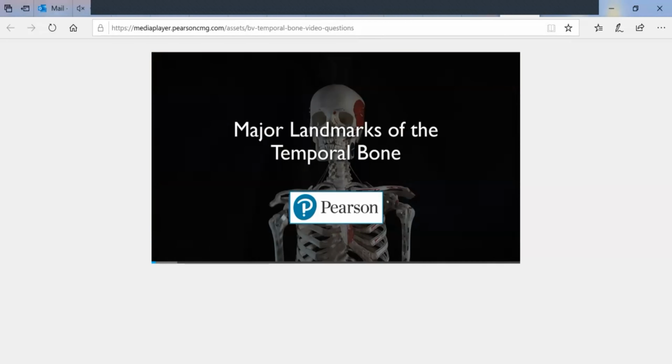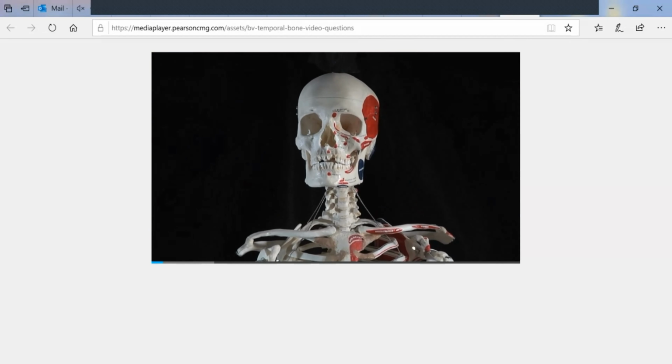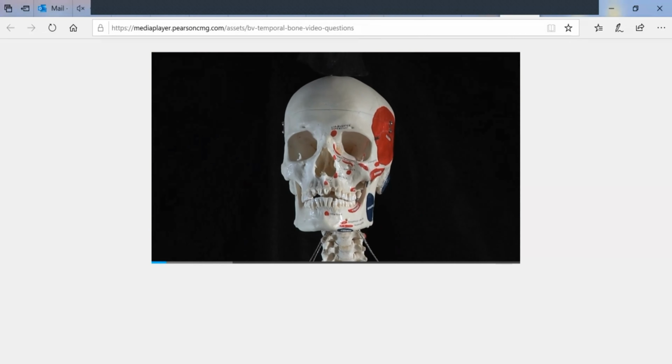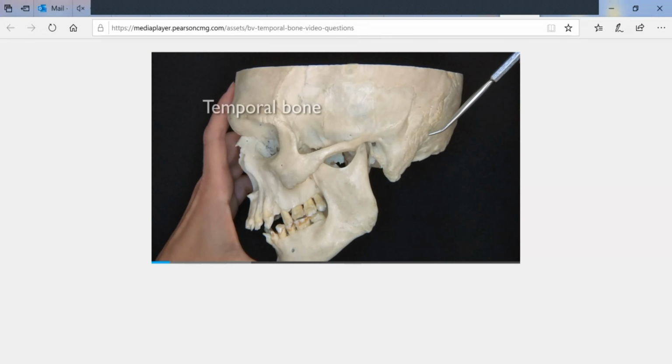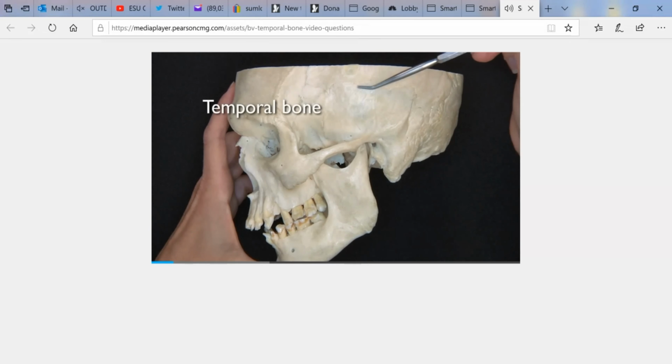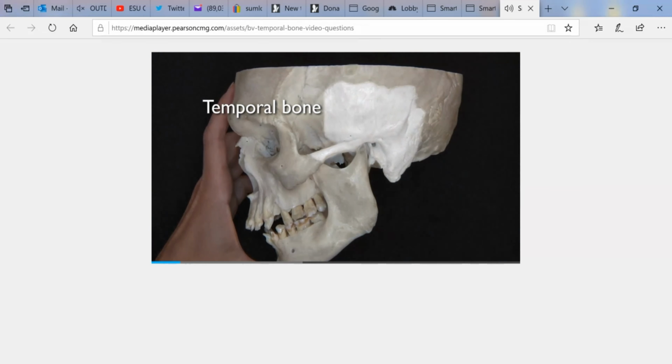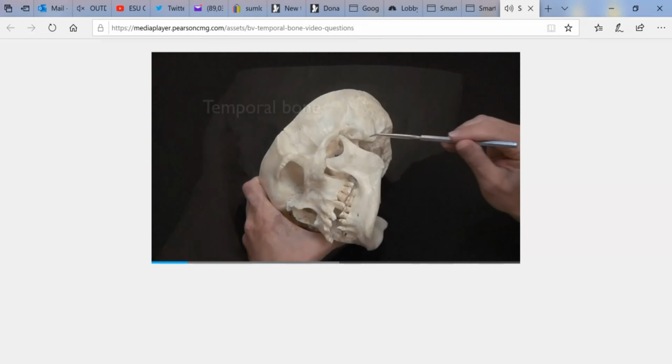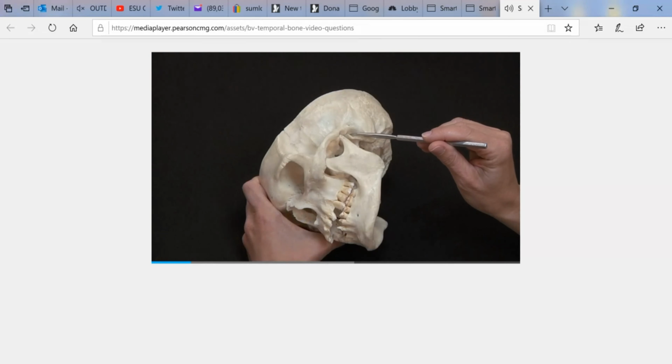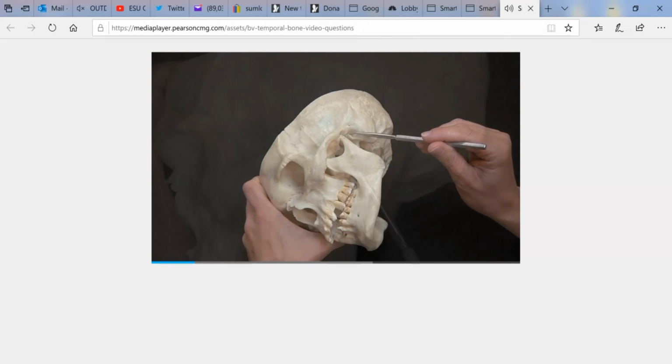Major landmarks of the temporal bone. Let's examine the major landmarks of the temporal bone. This is the temporal bone. It's found on both the right and left sides of the skull. The opening for the ear is the external acoustic meatus.